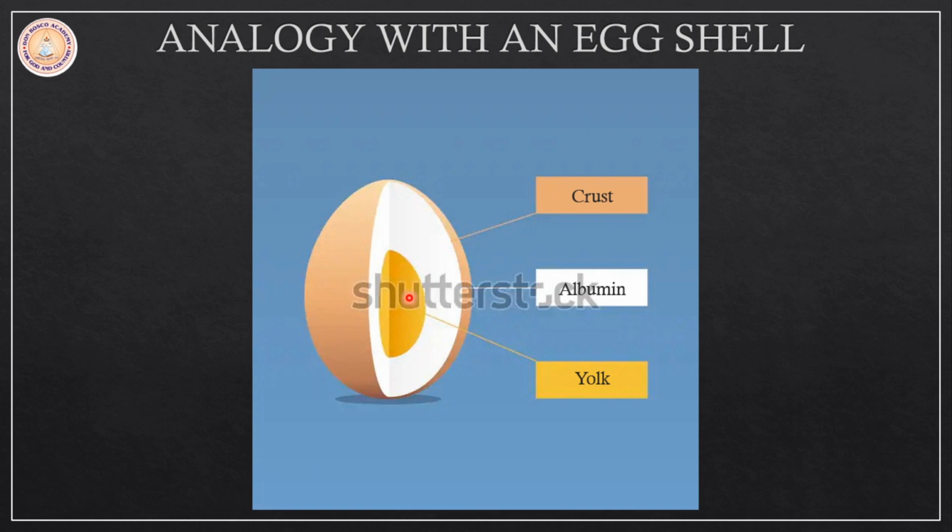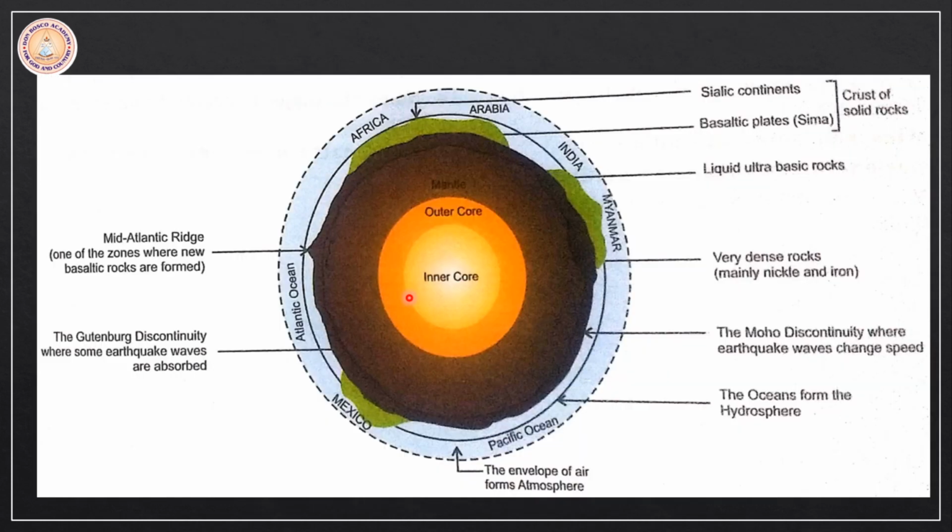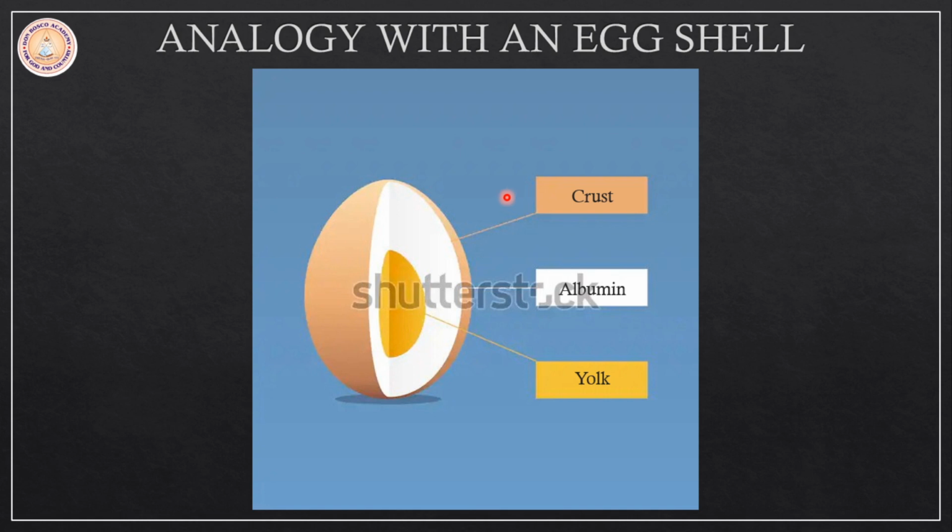The mantle, which is semi-solid, is found around the core, similar to the albumin, which is found around the yolk.